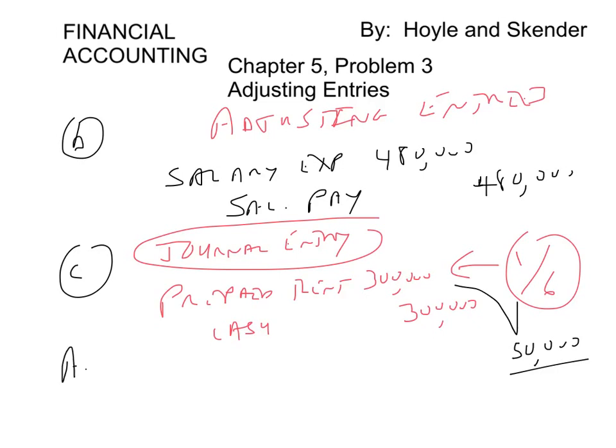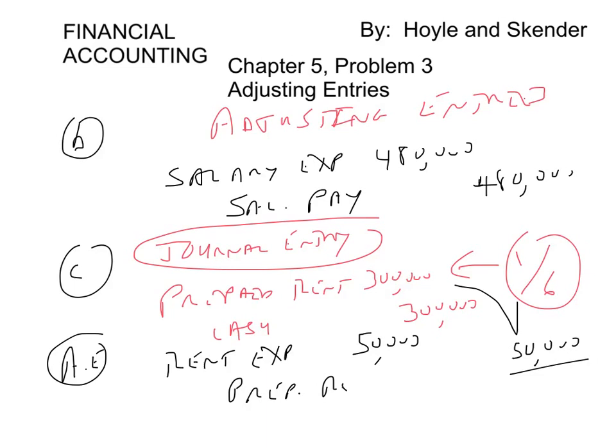So we're going to make an adjusting entry, and we're going to debit rent expense, and we're doing this right before we make the financial statements. Debit rent expense for $50,000. That's 1/6 that has been used up, and credit prepaid rent for $50,000.